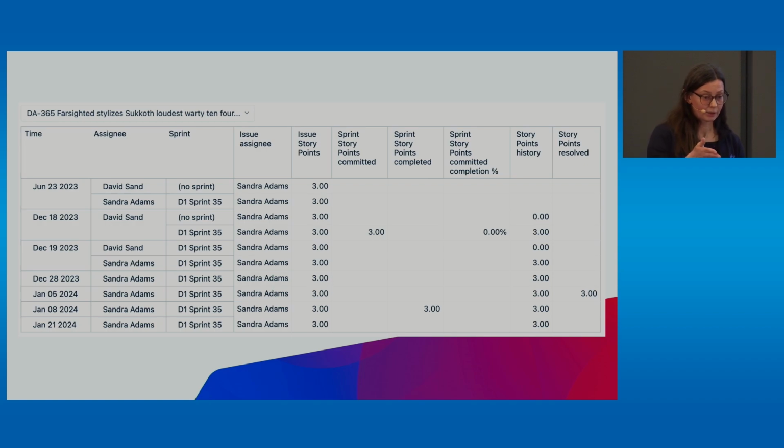And as you can see, issue story points show the same value for all the rows in the same column. And story points history changes over the values based on those selections.